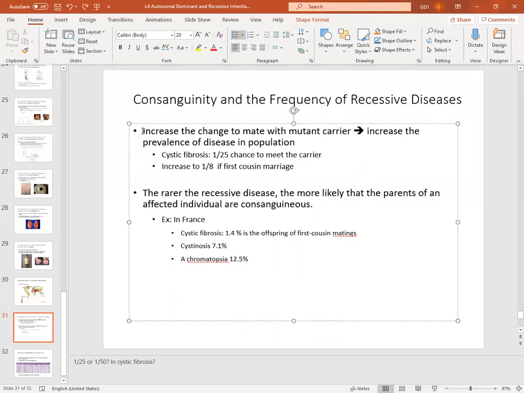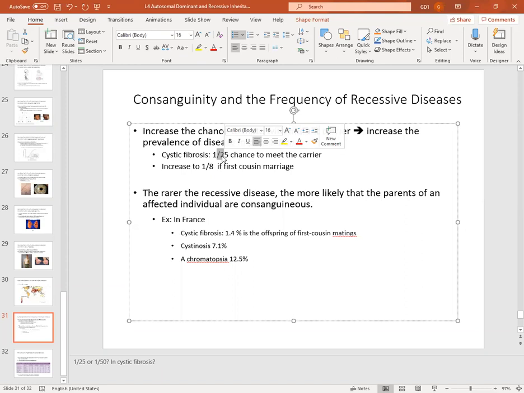So the first effect will be an increased chance of mating with a mutant carrier, right? If brother and sister mate together, or at least people in the same pedigree, they increase the chance of mating with a mutant carrier, and increase the prevalence of disease in the population also. For example, last week we already said that for cystic fibrosis in Europe, out of 25 people, 1 is a carrier.